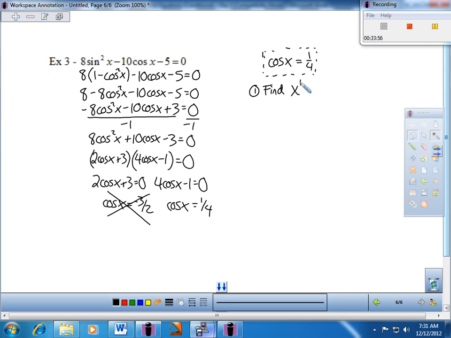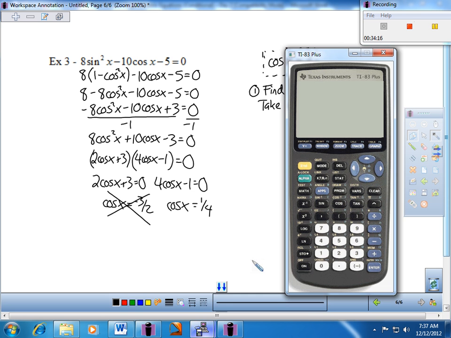So find x prime. What I'm going to do is take the inverse of +1/4. It's positive anyway, but no matter what, I always try to make this ratio positive in order to get x prime. So I'm going to take inverse cosine of 1/4 and get x prime. Everybody, you do the same. Step 1 is you have to find x prime.